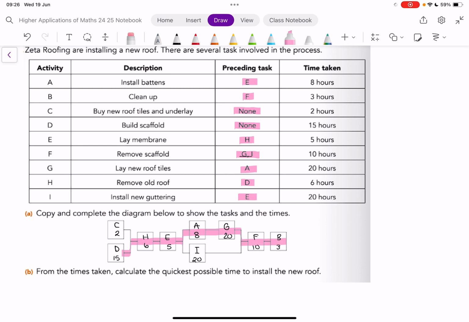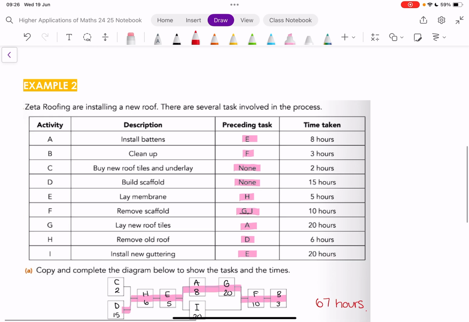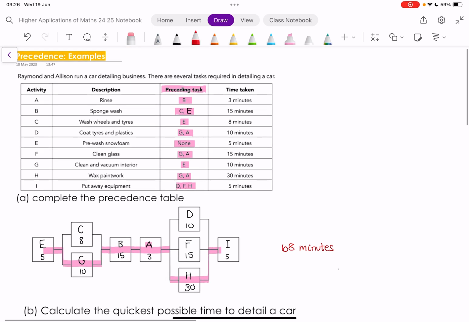And then that feeds into the rest. Okay, so 15 plus 6 plus 5, so 26, 36, 46, 54, 64, 67 hours for this one. All right, and that's all that was expected of you at National 5.